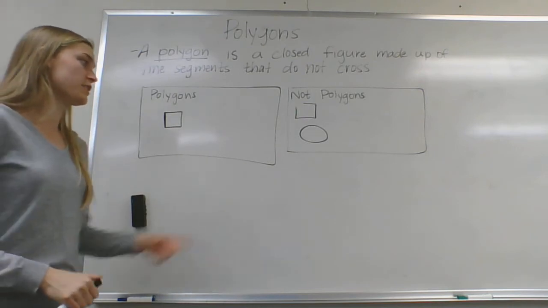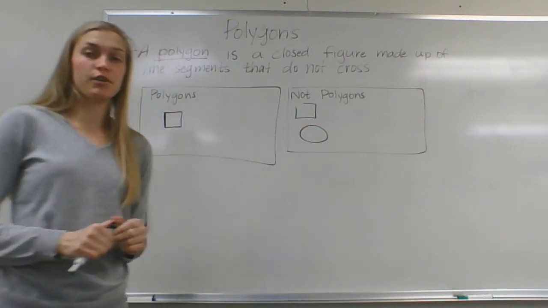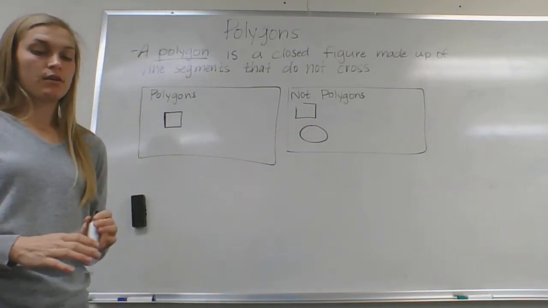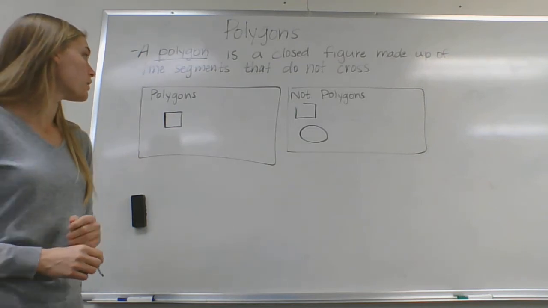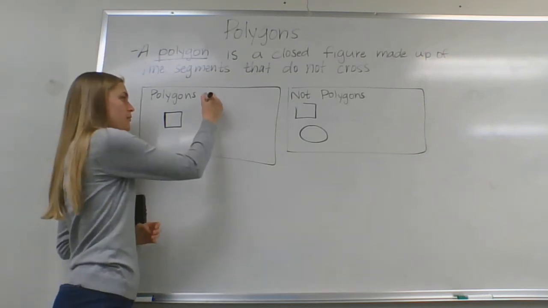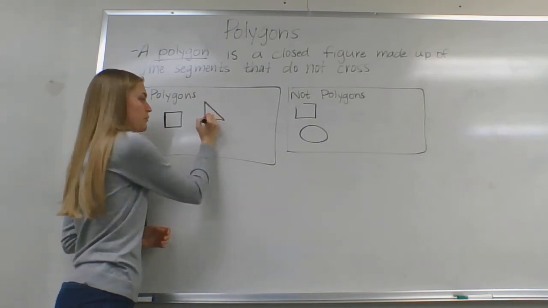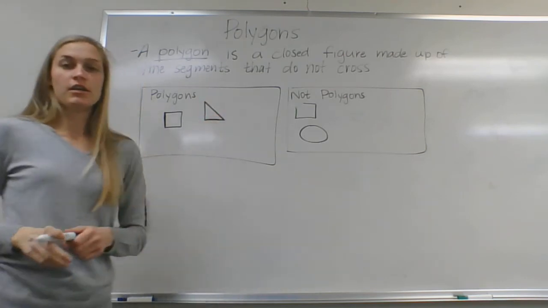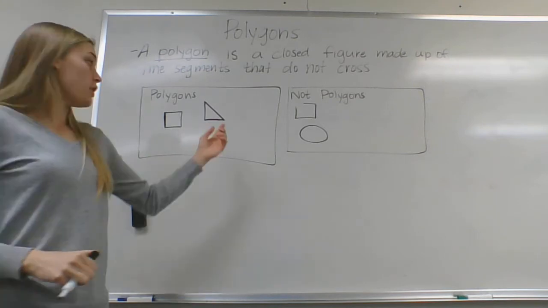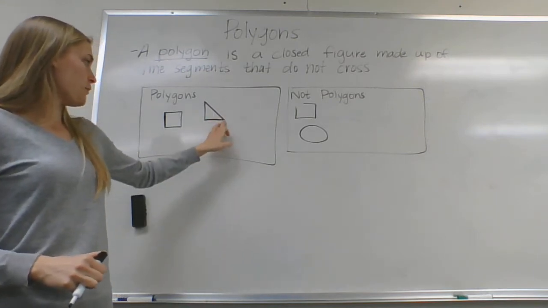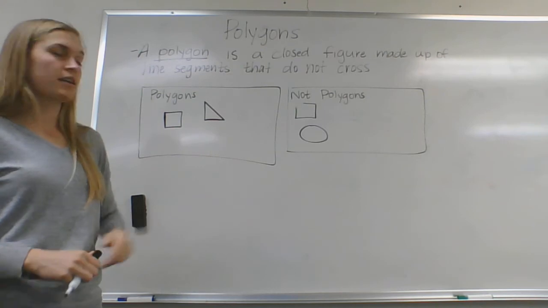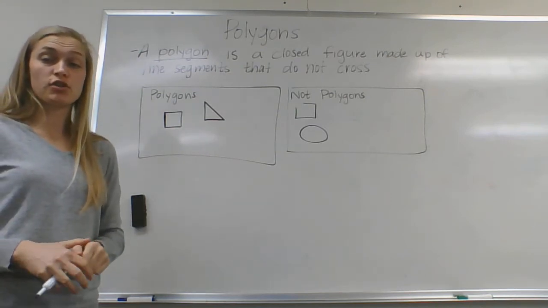Notice it says line segments, that's just one line, and it curves, so it doesn't work. Another example of a polygon would be like a triangle, and that's more straight. That would be a polygon. It's closed, it's made of line segments, 3 of them in this case, and none of the lines cross each other.